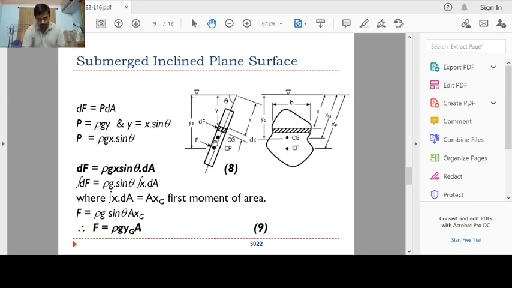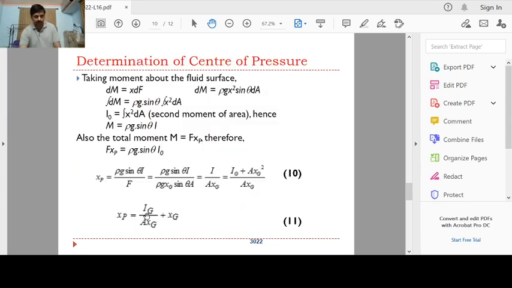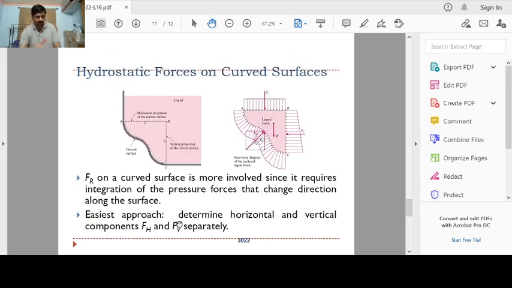For simplicity of analysis, we take the surface as a vertical one and take the inclined distances at an angle of theta. Those inclined distances are x, xp and xg. Now xp is equal to Ig by A xg plus xg. So the distance of center of pressure is Ig by A xg plus xg. Similar analysis, right?